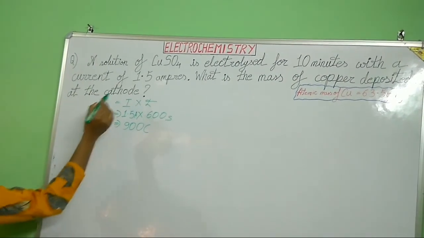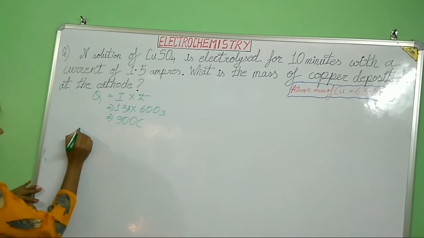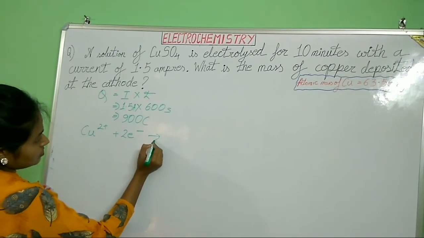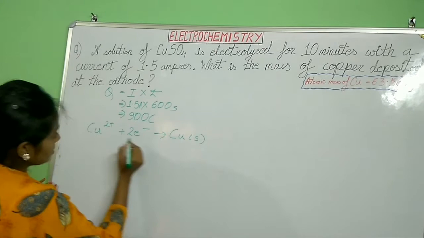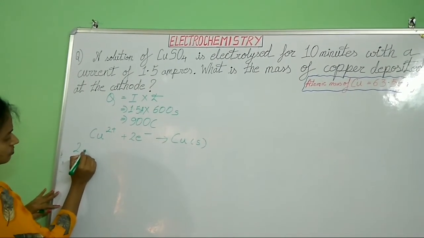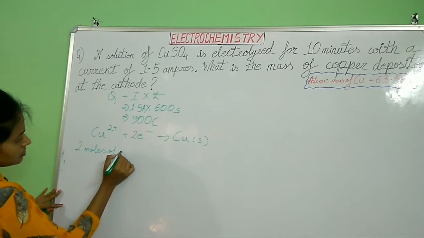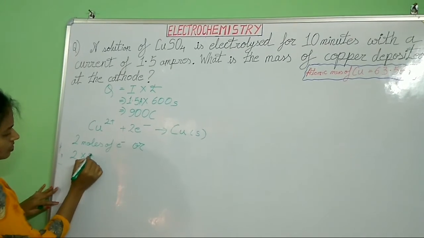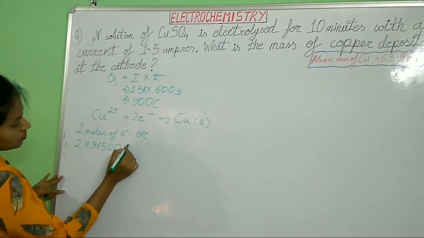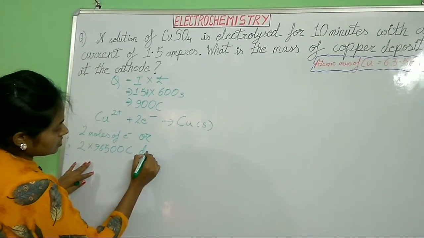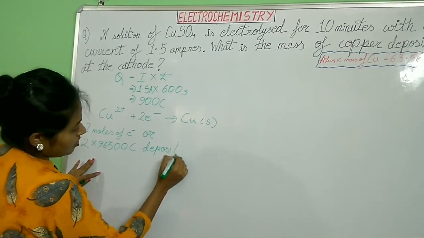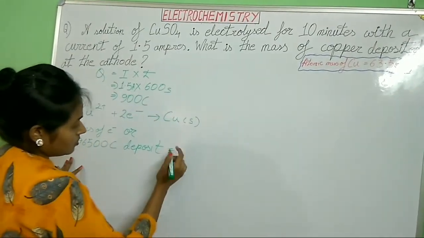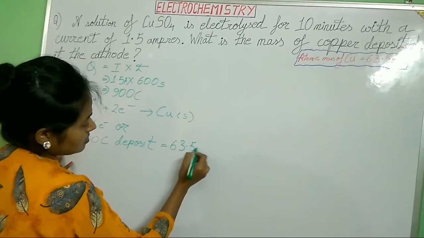Now what is the reaction undergoing in the copper sulfate solution? That is Cu2 plus plus 2 electrons equal to Cu solid. So by seeing this reaction, we can say that 2 moles of electrons, or 2 into 96500 Coulomb, deposits how much copper? 1 mole of copper, and 1 mole of copper is equal to the atomic mass, which is 63.56 grams.